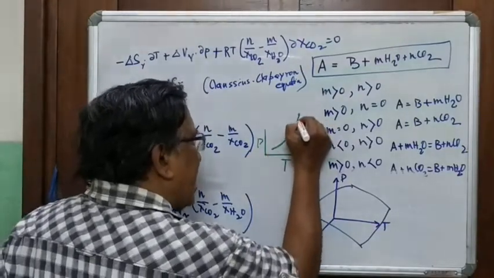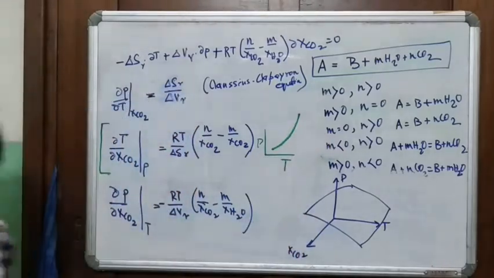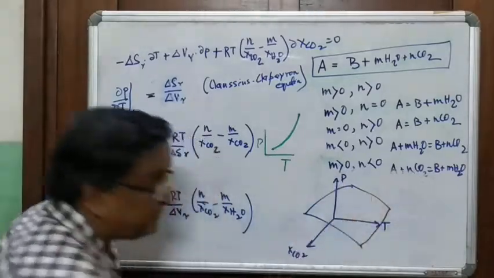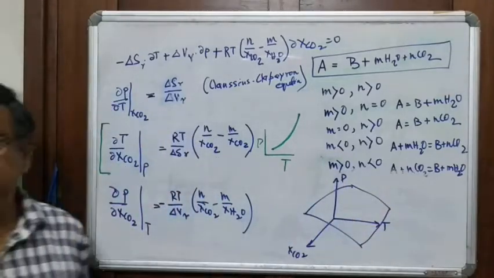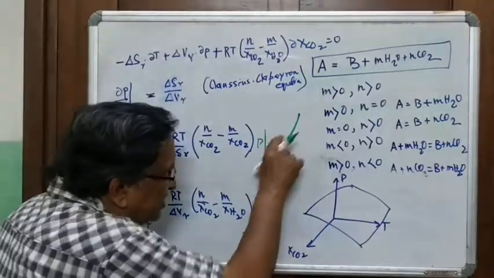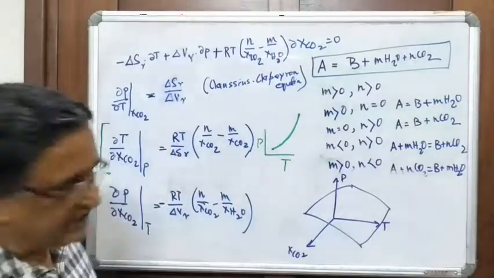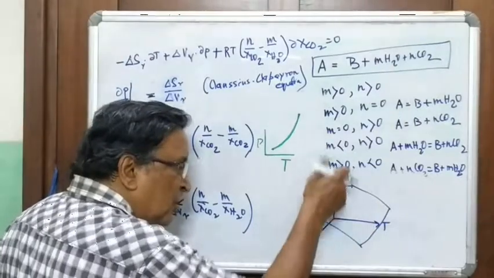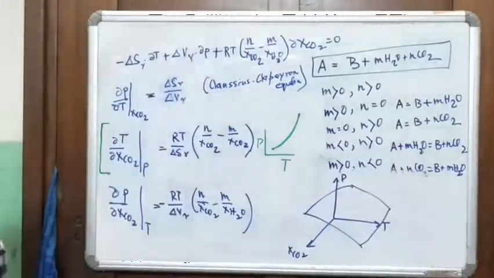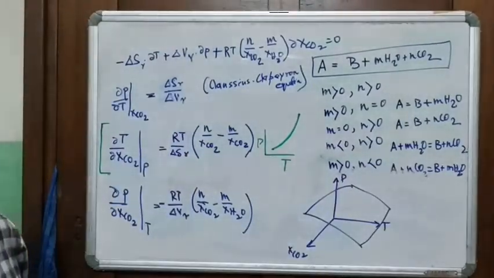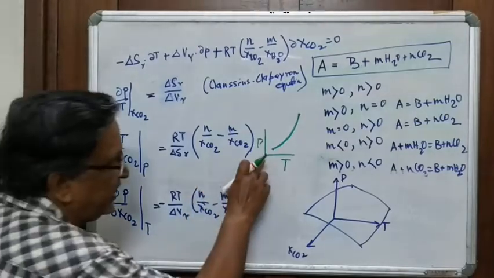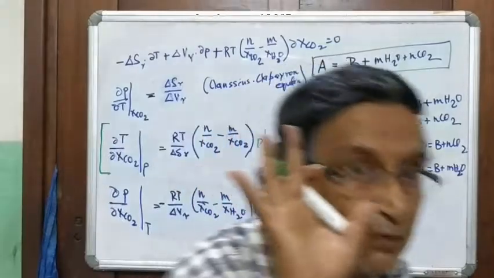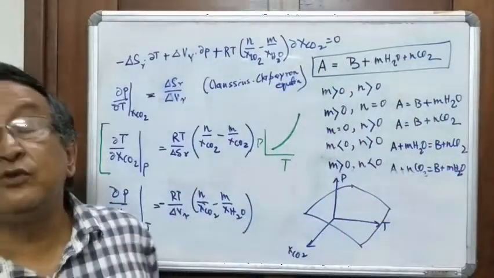Remember, this reaction that you're drawing is essentially an intersection of the reaction surface with the pressure-temperature surface. These are intersections of two surfaces. Here, if we do it like this, then X CO2 is constant. Remember, normally X CO2 or X H2O is equal to a constant.